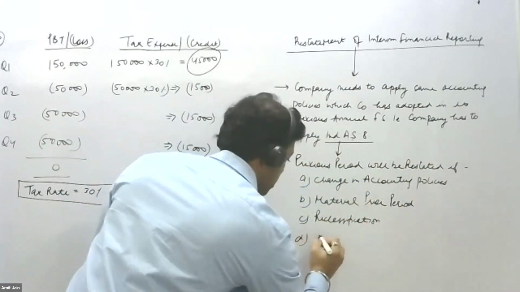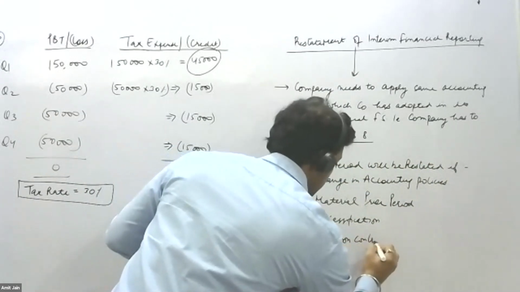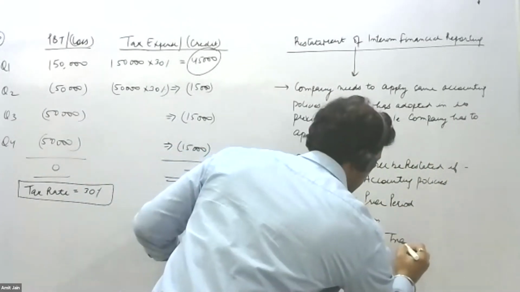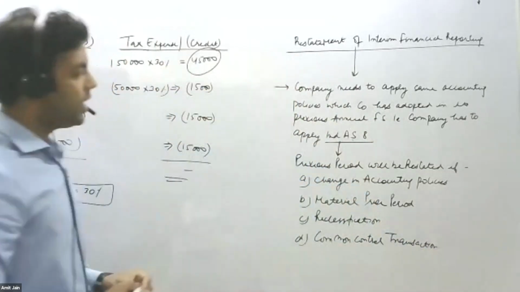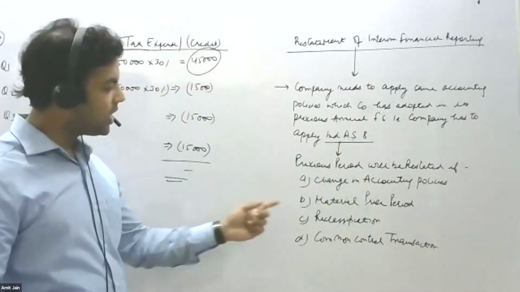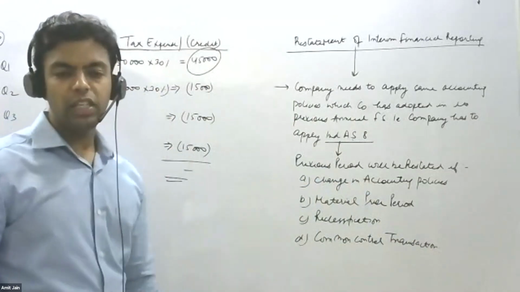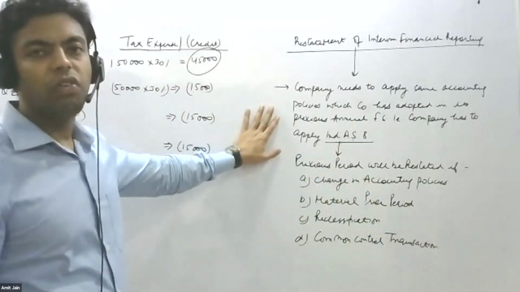And fourth is common control transaction. So if there is any change in the accounting policy, any material prior period item, any reclassification, and if there is a common control transaction, then the previous period will be restated.